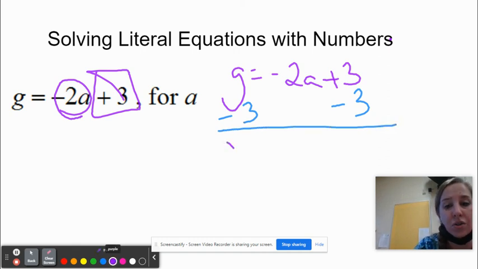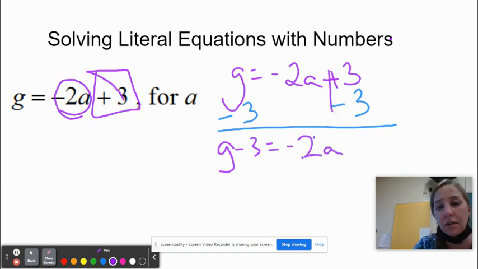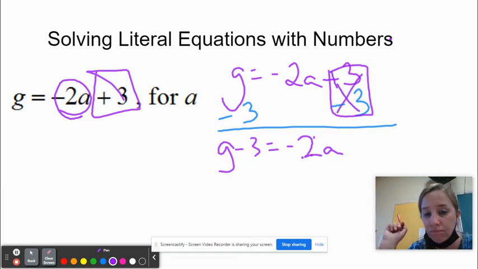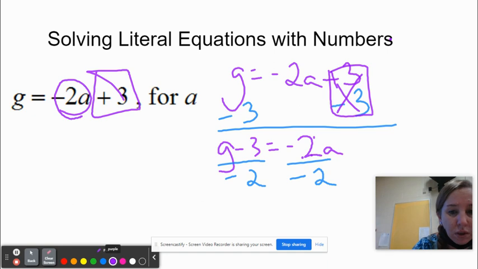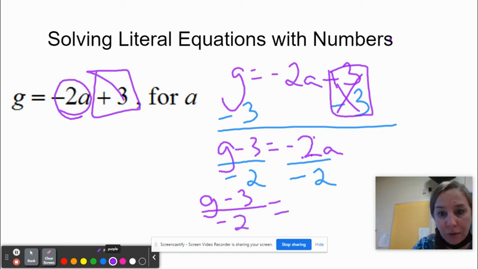And you get g minus 3 equals negative 2a. And this becomes 0. Now we're almost there. We're almost having a alone. We divide by the coefficient of negative 2, and we're left with g minus 3 over negative 2 equals a.